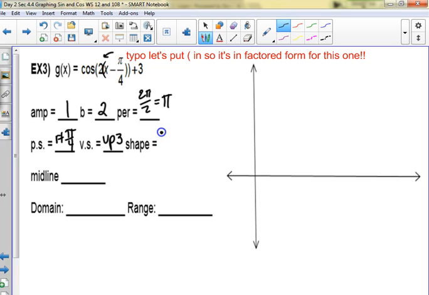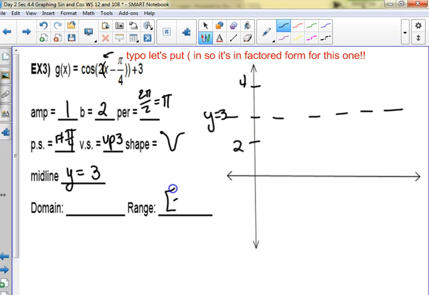Cosine, so it starts at its max and comes down and goes back up. Midline? Y equals 3. Okay, so I'm going to call this y equals 3, and it's going to go up 1 and down 1. So the range is 2 to 4.